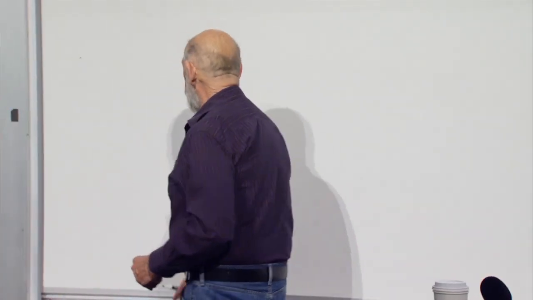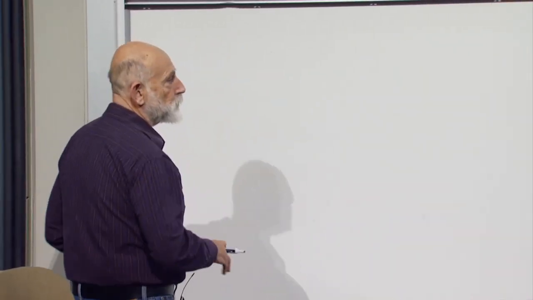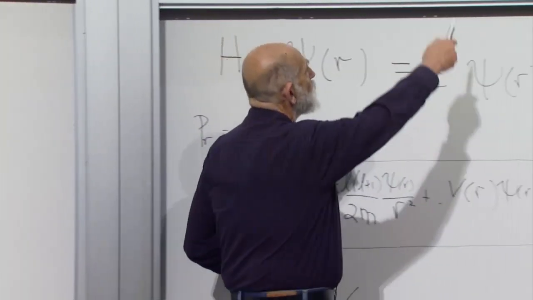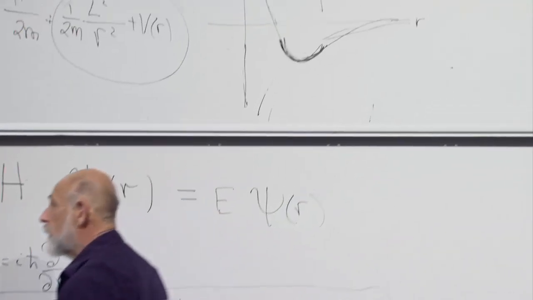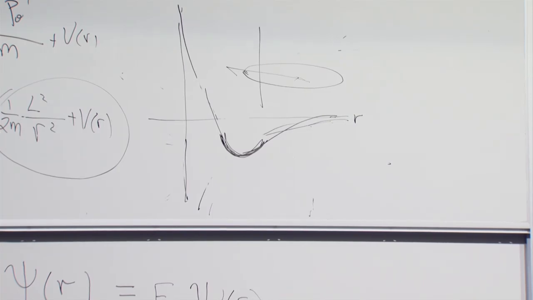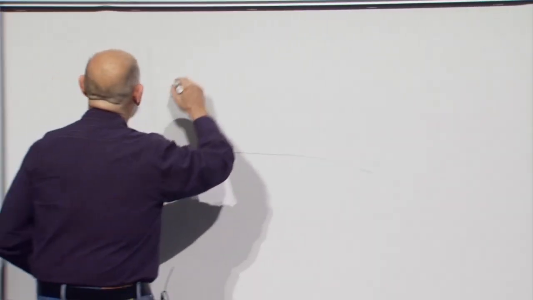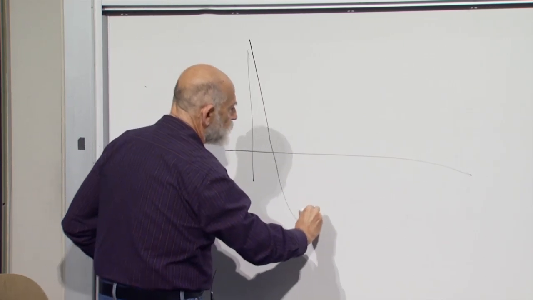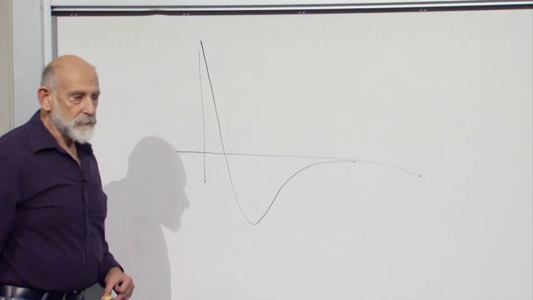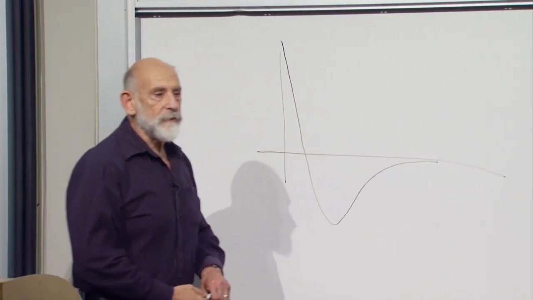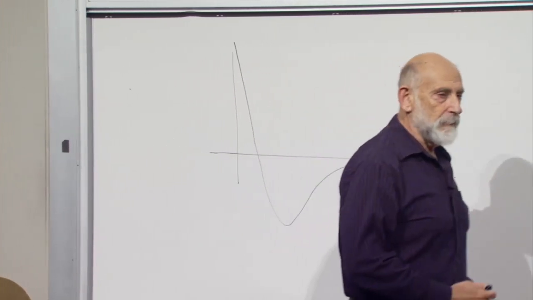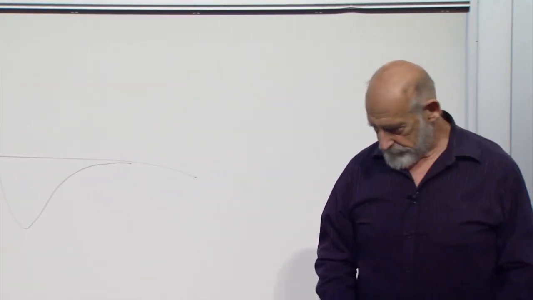Okay. Let's look at the effective potential. What we're doing is we're solving a Schrodinger equation in a potential which looks like this. We're solving the Schrodinger equation for a problem which effectively has a potential energy which looks like this. And we want to know what kind of wave functions and what kind of energy levels there will be.